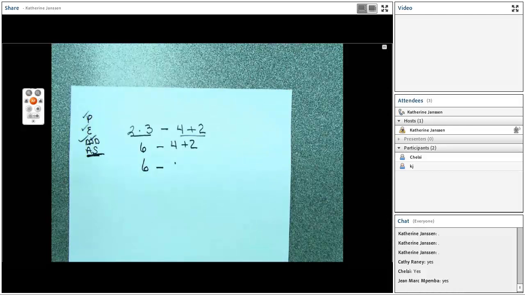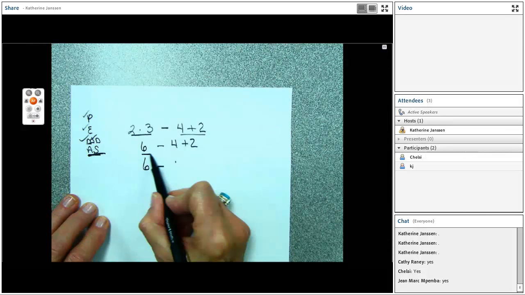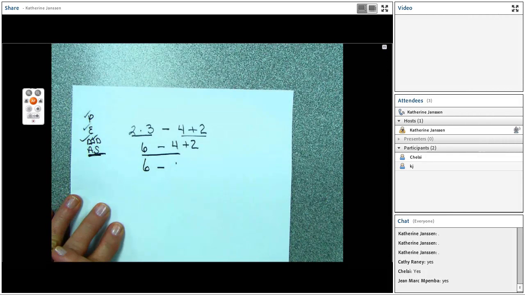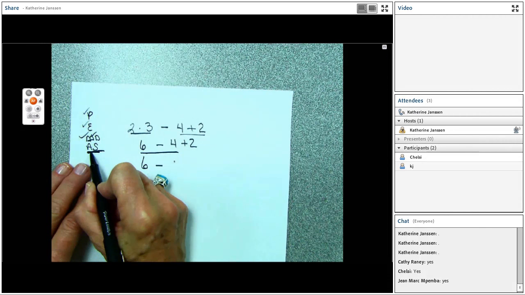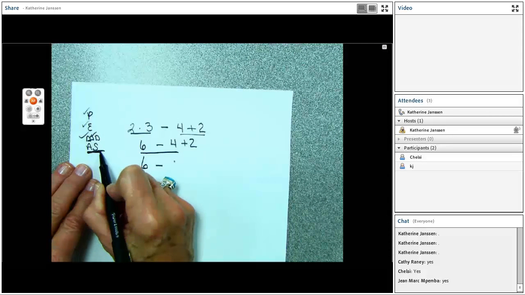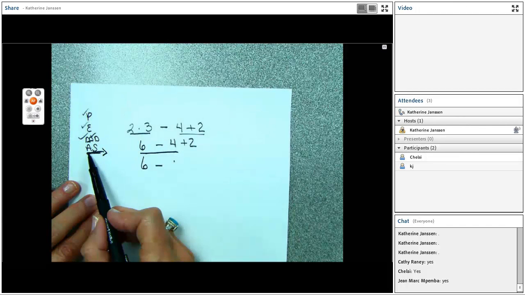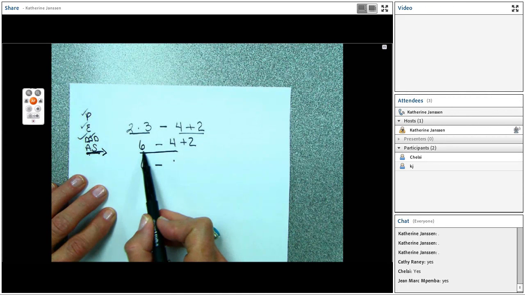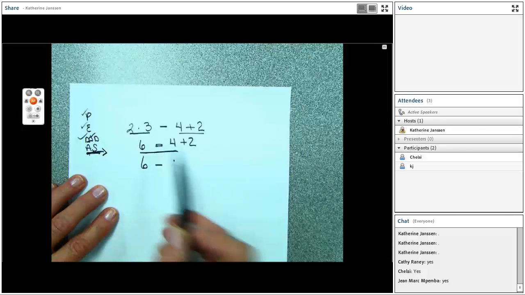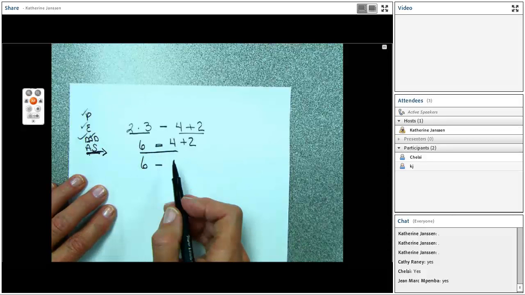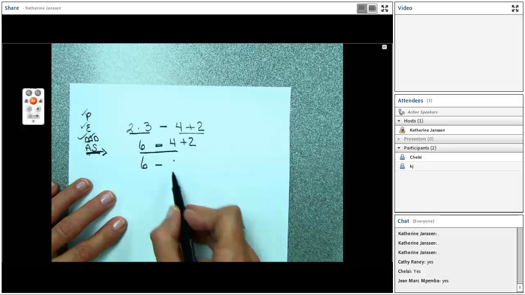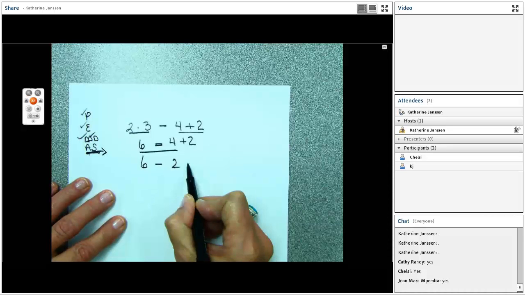It's from left to right, so what do you see first? Subtraction. It's not always addition, it's not always subtraction, it's from left to right. So as I move from left to right, it's either addition or subtraction. And what do I see first? Subtraction. 6 subtract 4 is, copy everything else down the same.